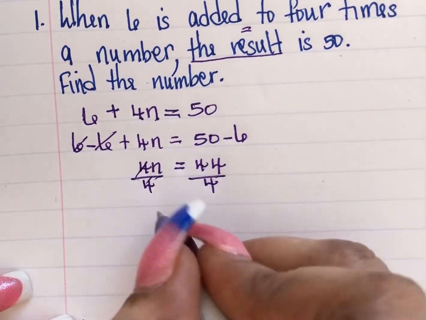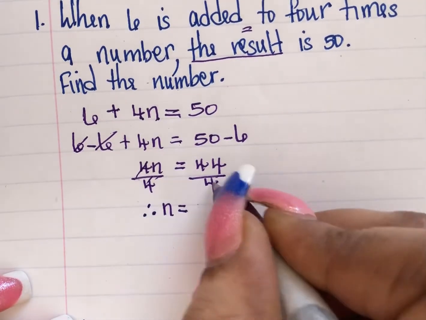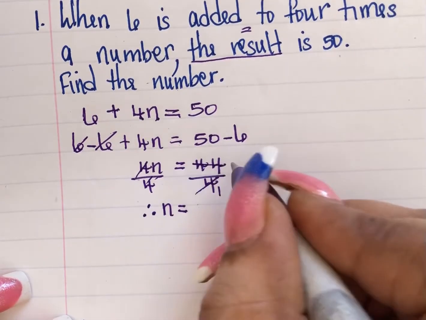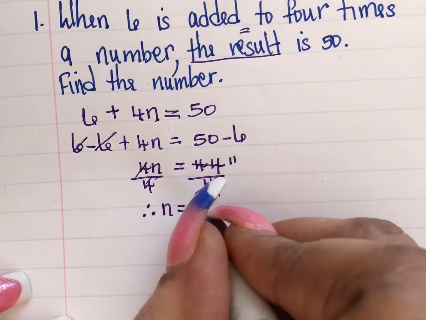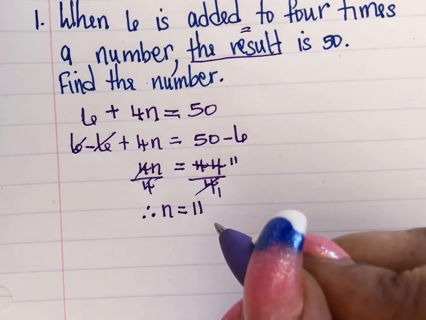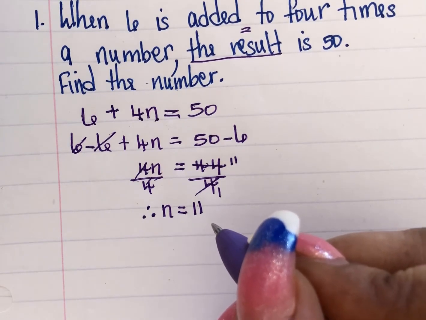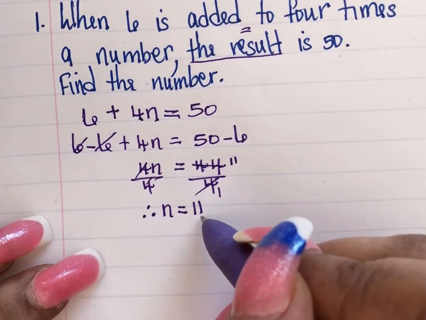4 into itself is 1. Therefore, n is equal to, 4 goes into 44 exactly 11 times. Okay? So the number we are looking for is 11.